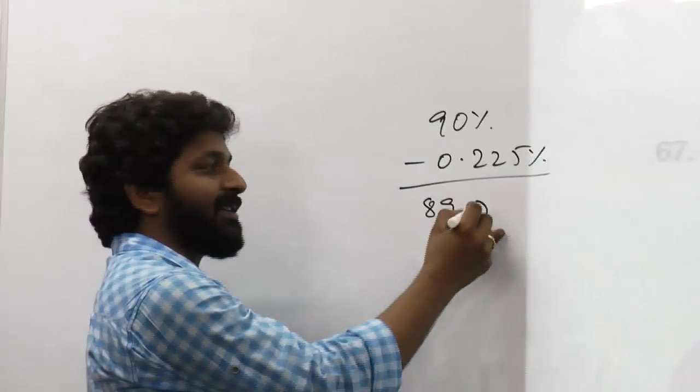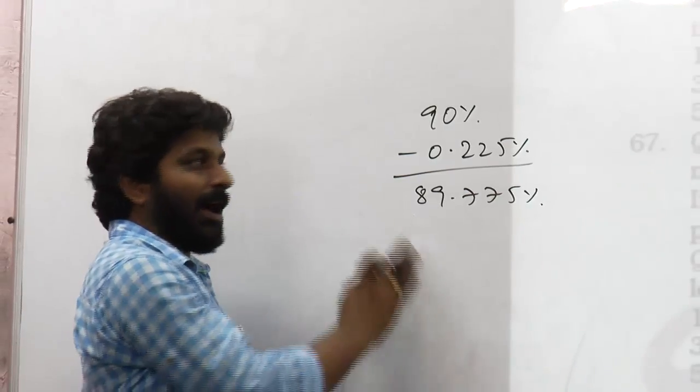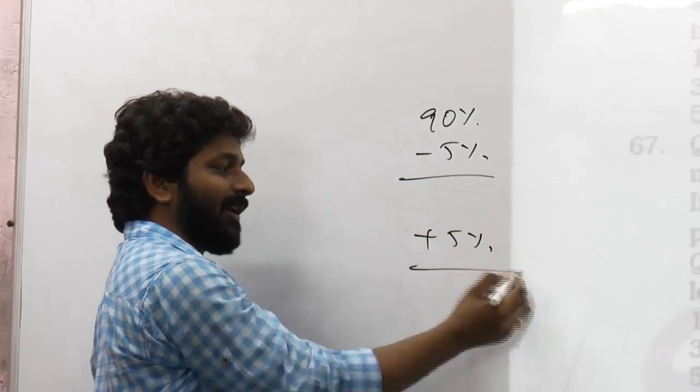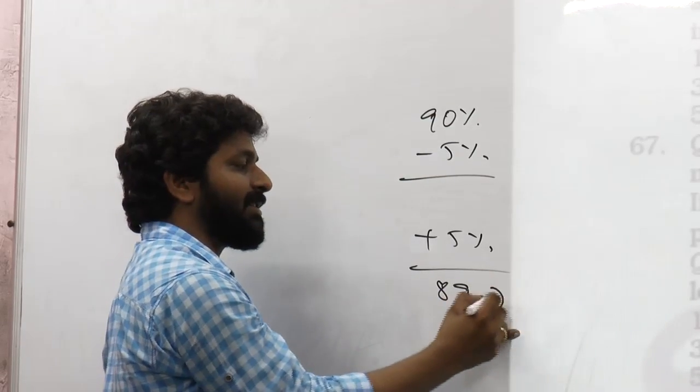That will be 89.775%. Otherwise, you will have to subtract 5% of this, get some number, and again add 5% of that. Again, you will get 89.775%.